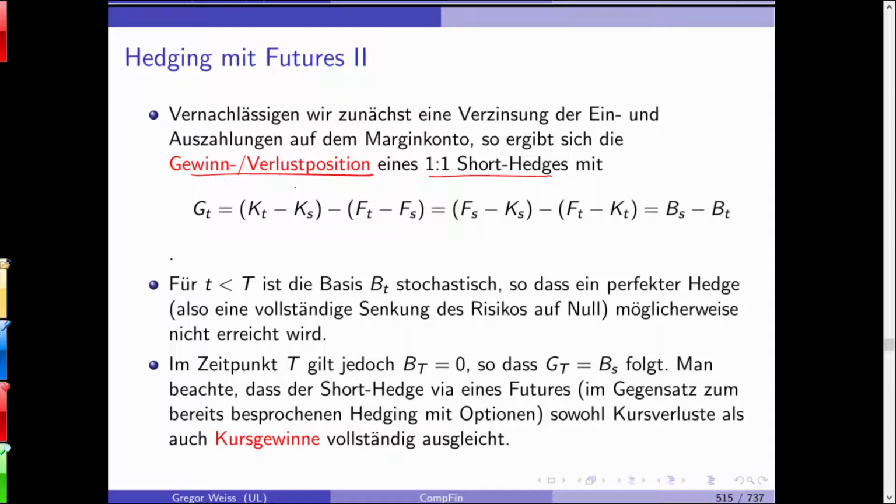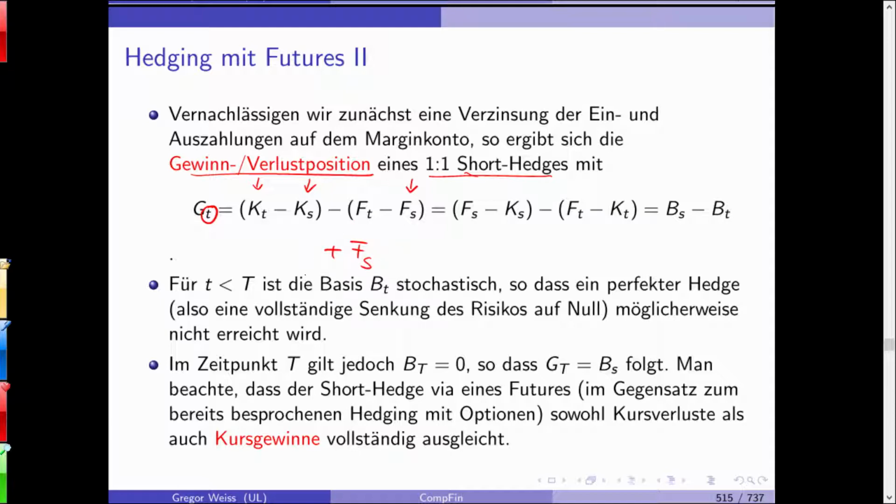We've bought our commodity, so we've paid out K_S. We can sell it at point T, and we'll get the spot price for it. And we have bought the future, but actually we are going short, so it should be plus F_S.